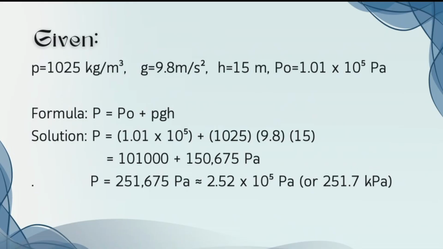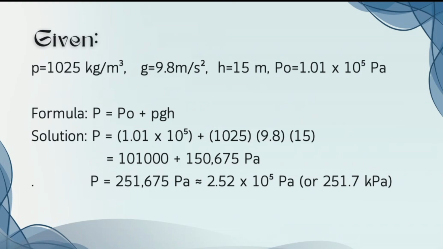So the solution is P equals the value of P₀, which is 1.01 × 10^5, plus the value of ρ, 1,025, times the value of gravity, 9.8, and h is 15.